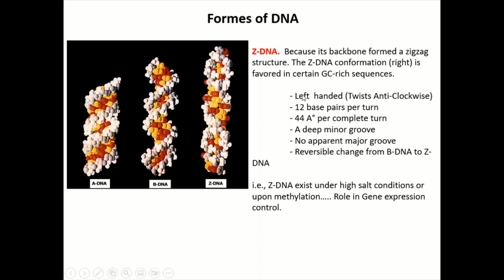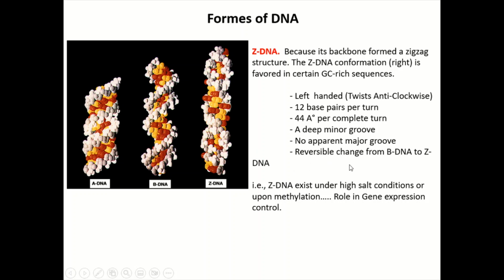Both A and B DNA are right-handed, but Z DNA is left-handed, and that twists anti-clockwise. There are more base pairs, 12 base pairs per turn, and larger grooves, 44 angstroms per complete turn. There is a deep minor groove, and no apparent major groove is seen.